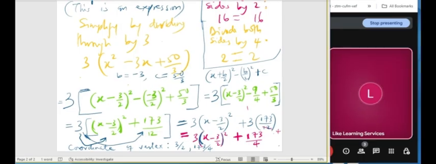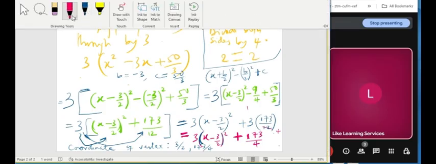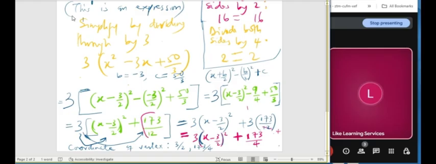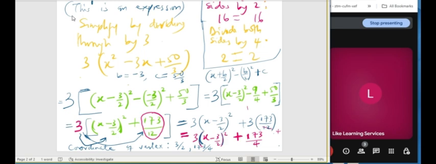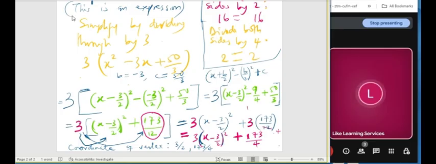That's what you should take note of. Don't fall for the trick that 173 over 12 is the y coordinate of the vertex. It is not the y coordinate of the vertex. We distributed the 3 outside now. 3 times that and 3 times that, before we could get the actual y coordinate of the vertex.